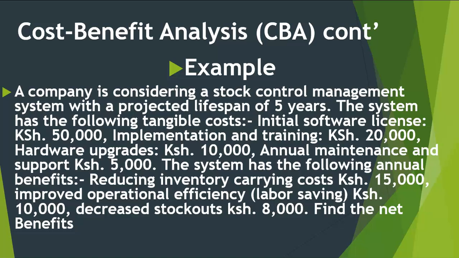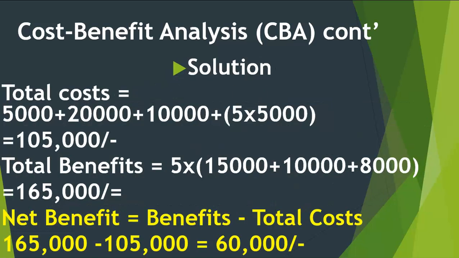We are having 5 years, meaning we will be using 5 times 5,000. Every year 5,000, so for 5 years it will be 5 times that. And so the total costs here would give us 105,000.